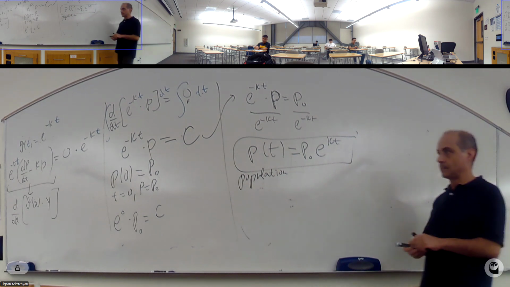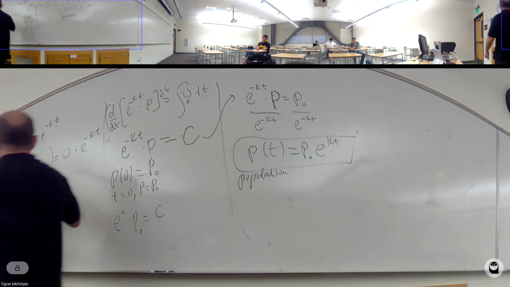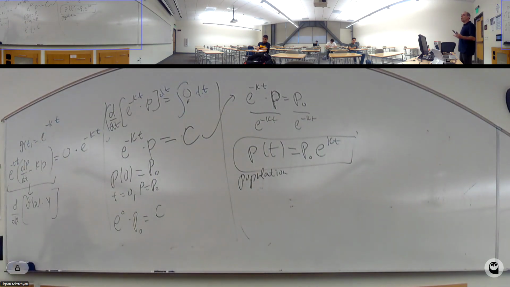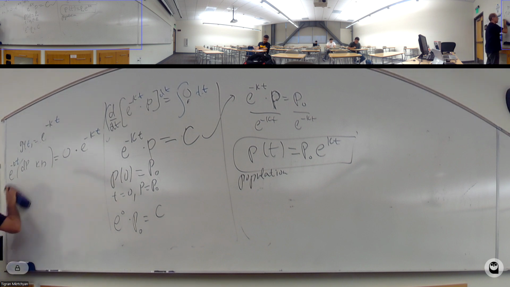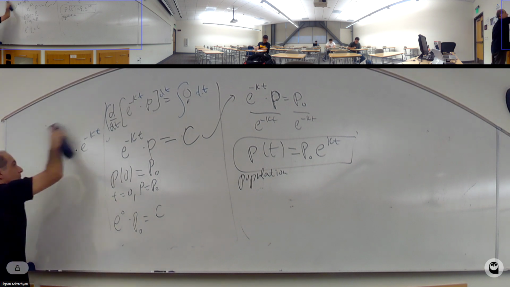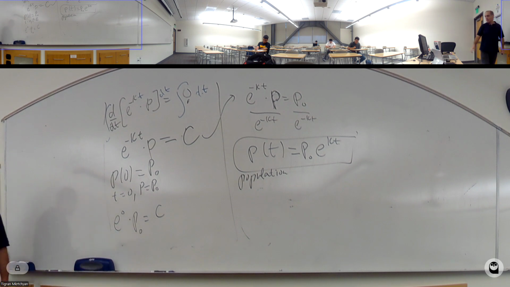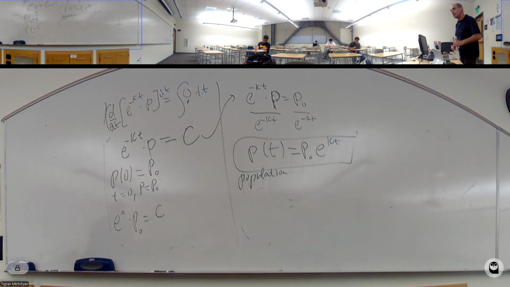It may be a little easier to solve by separation, but I wanted to review this integrating factor. Okay, let's do some more problems from these exercises for population growth.